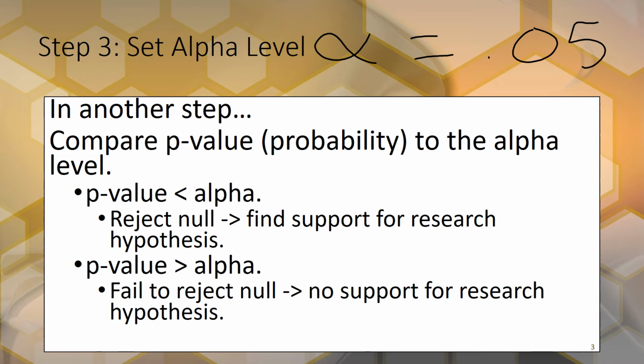But instead, if our p-value was 0.07, then we would fail to reject the null and find no support for our research hypothesis. And we'll go into more detail about this later. I just want you to kind of get why we're setting it, so we can compare it to the p-value. But right now, this is all you do for step number 3: just set your alpha level. Just write it down. That's all you have to do.